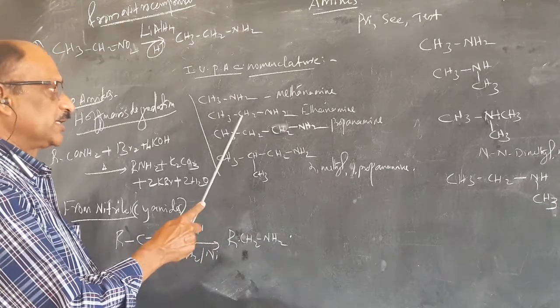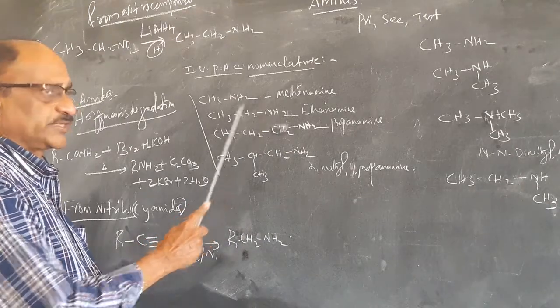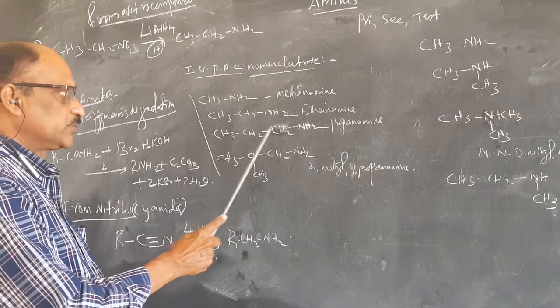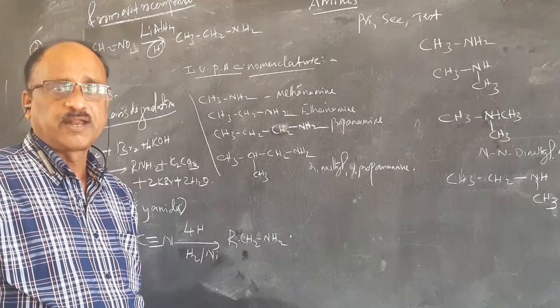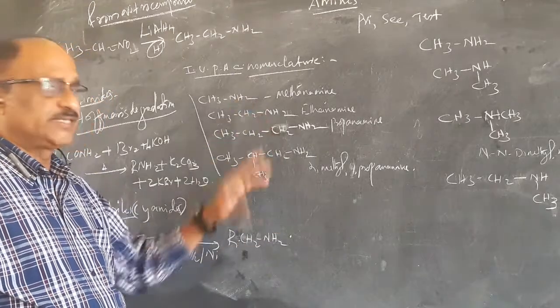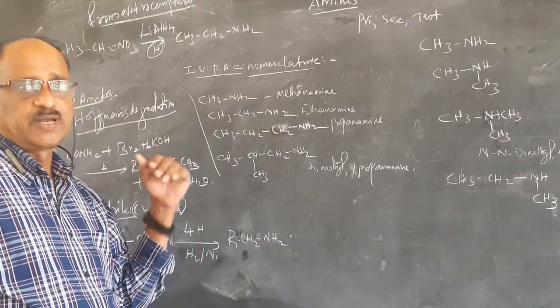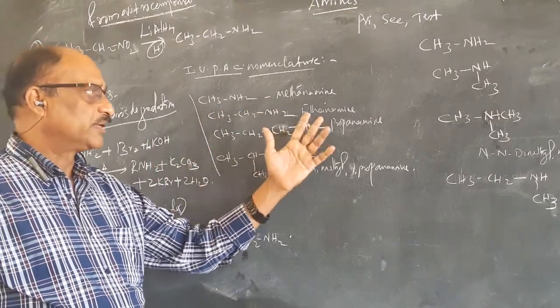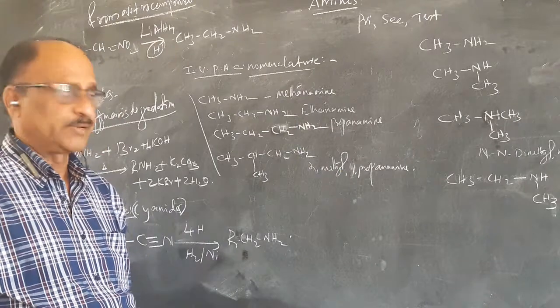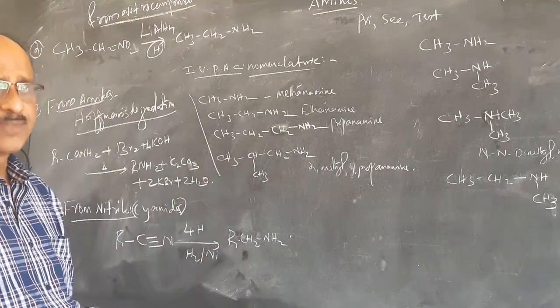This is ethanamine, CH3CH2NH2. CH3CH2CH2NH2 is propanamine, then butanamine, pentanamine, like that, depending upon the number of carbon atoms. That is not a great difficulty.